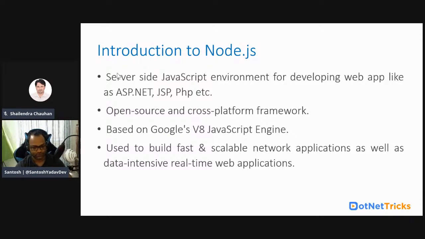And as mentioned, it uses the V8 JavaScript engine and is used to build fast and scalable network applications as well, because Node.js gives you packages by using which you can make HTTP calls. You can connect to your local ports, maybe a TCP port or any other port on your machine, and you can get access to those as well.